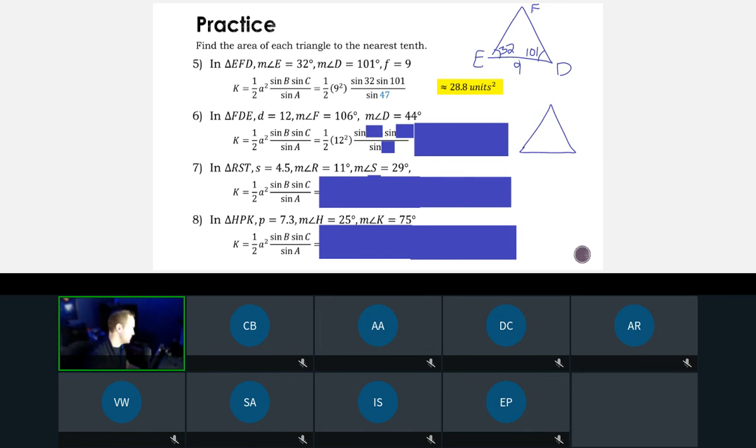All right, so we draw triangle FDE. So there's F, there's D, and then there's E. Doesn't matter the order. Angle F is 106. Angle D is 44.